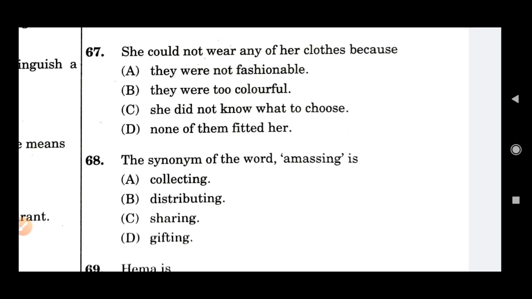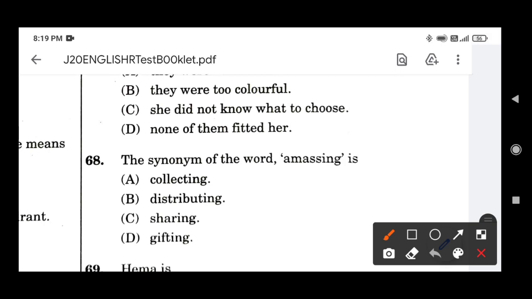We don't have the answer in these three options. So the option is none of them fitted her. So this is the option. In that way, we need to pick the answer from these four options.